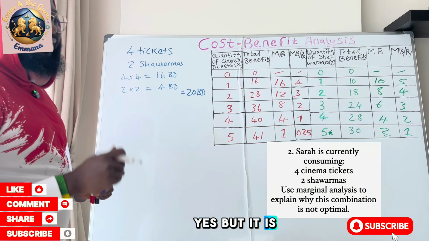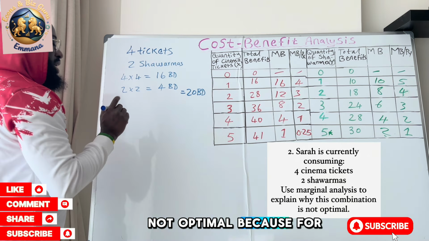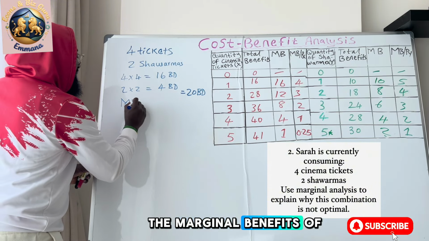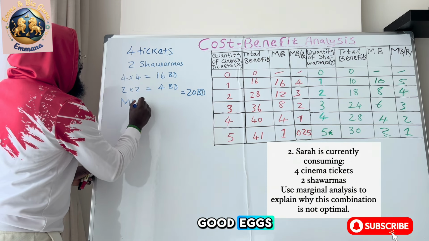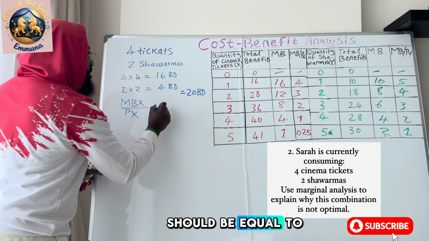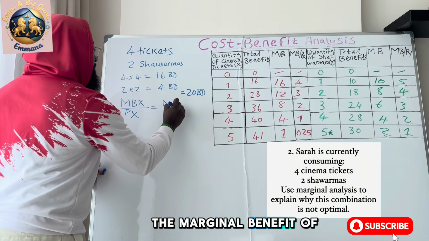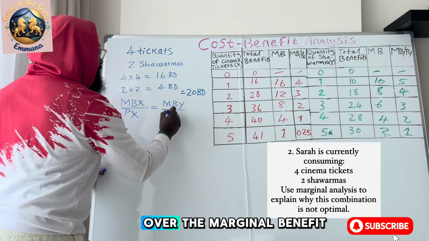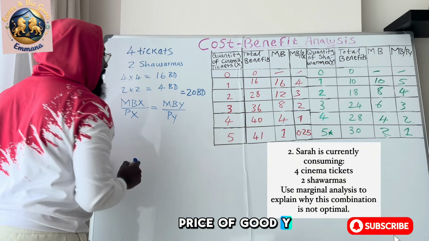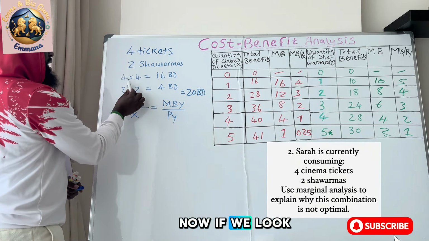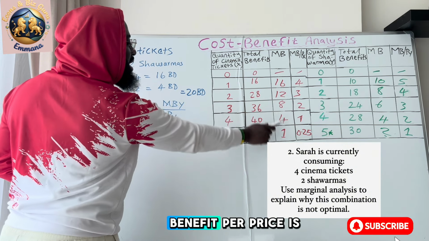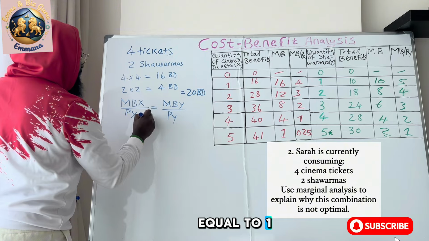Yes, but it is not optimal because for optimality to take place, the marginal benefit of good X over the price of good X should be equal to the marginal benefit of good Y over the price of good Y. Now, if we look at the 4th ticket here, the marginal benefit per price is equal to 1.